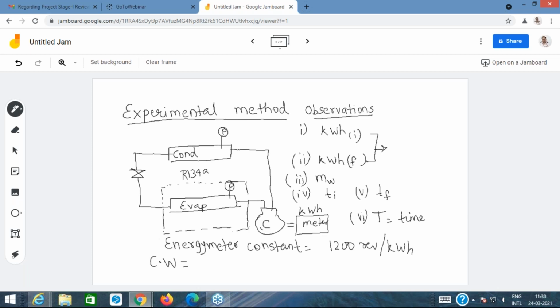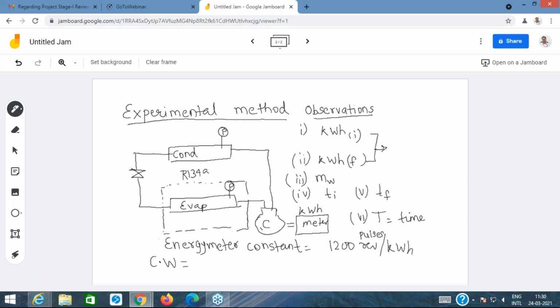It means that when the disk rotates 1200 times, or even if there is no disk but pulses, you can say pulses or blinks of the light on the energy meter, if there are 1200 pulses, then it would mean that the energy meter has read 1 kWh of energy. You need to be very clear on energy and power. Energy's unit is kilowatt hour, and when you are talking about the power consumption, its unit is kilowatt.